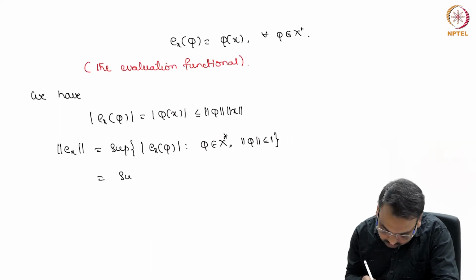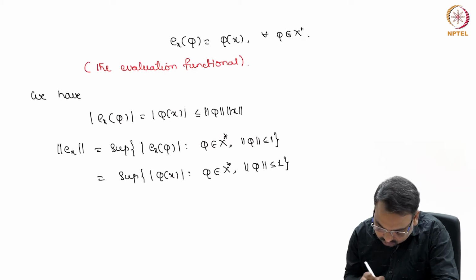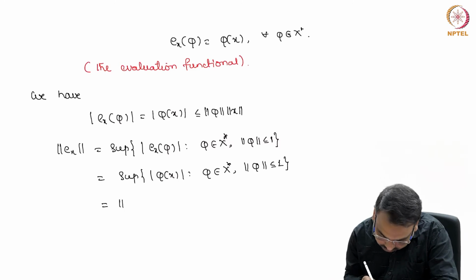This is the supremum of mod phi of x over the same phi. So this is exactly norm x.